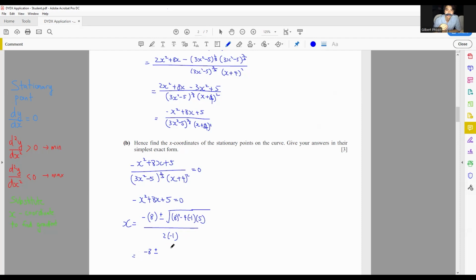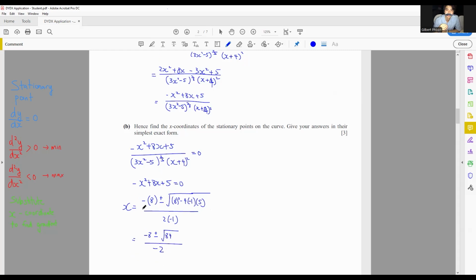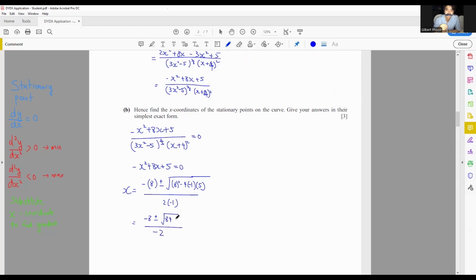So this will be 64 plus 20, square root of 84, over negative 2. Then from here, simplify them because they are all divisible by 2. So first of all, change this into square root of 4 times square root of 21, right? Square root of 4 is 2, this will give you square root 84, minus 8, which is actually equal to 2, yeah?